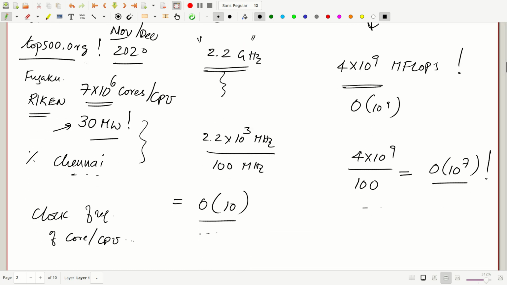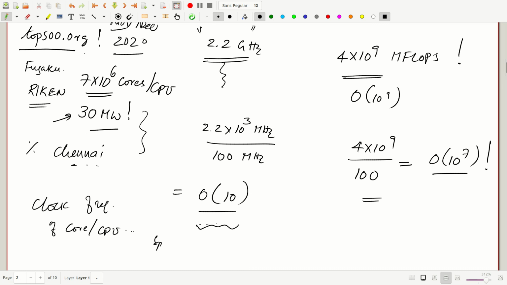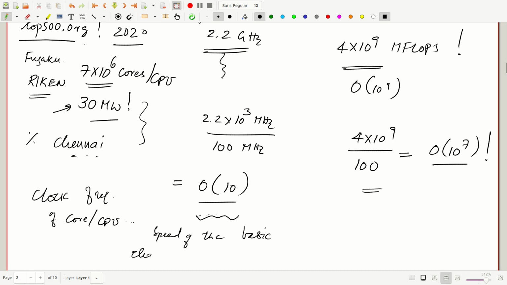So that means what we see is that the speed of the basic electronic components has increased only tenfold, whereas the performance, the number of floating point operations, has increased by the order of 10 power 7 over the 3 decades or 4 decades, right?